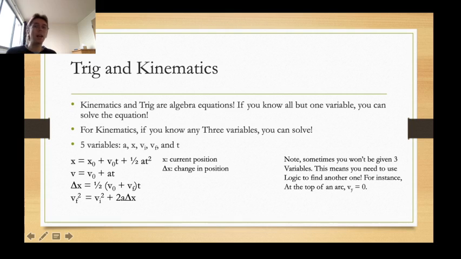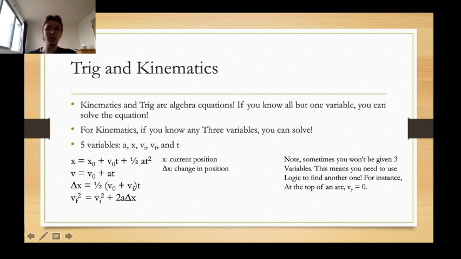Looking at kinematics, kinematics are similar. If you know all but one variable, you can solve the equation. So if you know three kinematic variables, that's a, x, initial velocity, final velocity, and time, if you know three of those, you can solve for all of them. I've written all the kinematic equations down here.